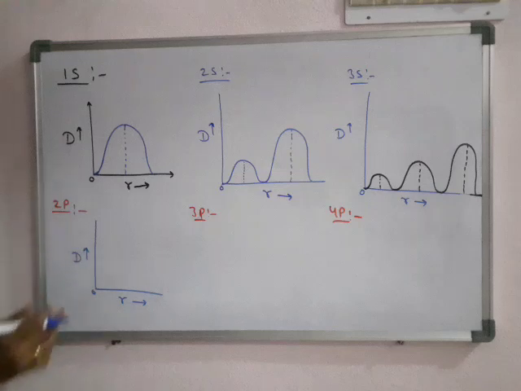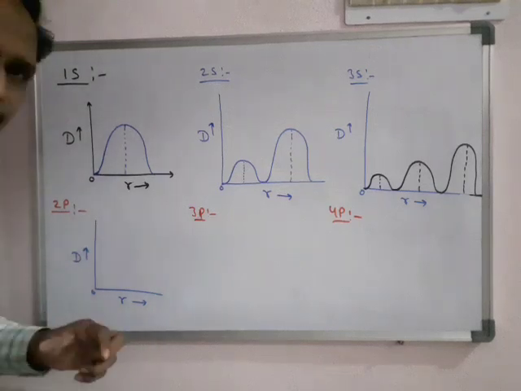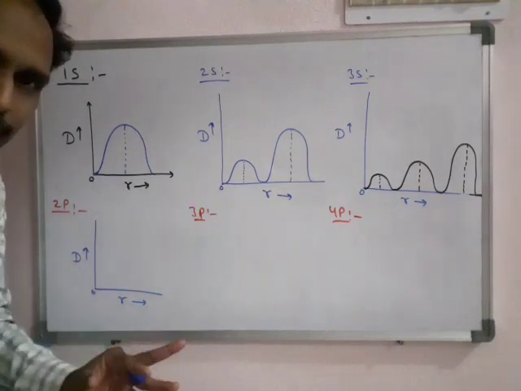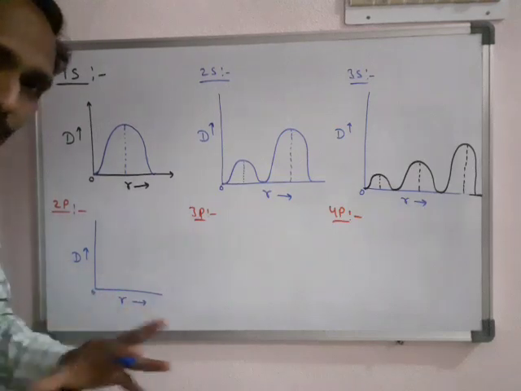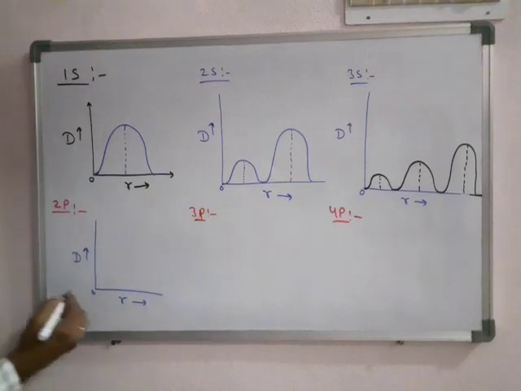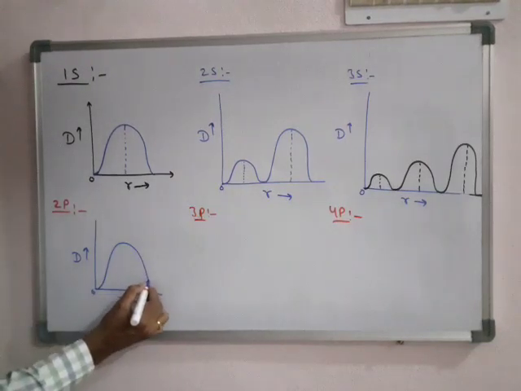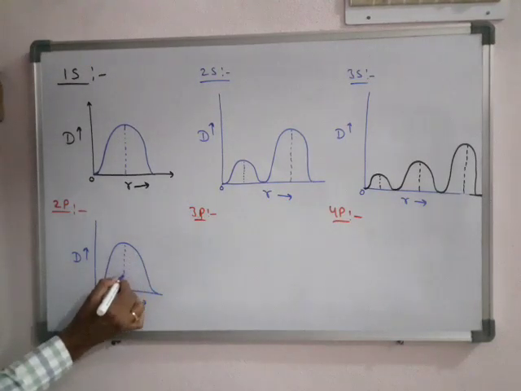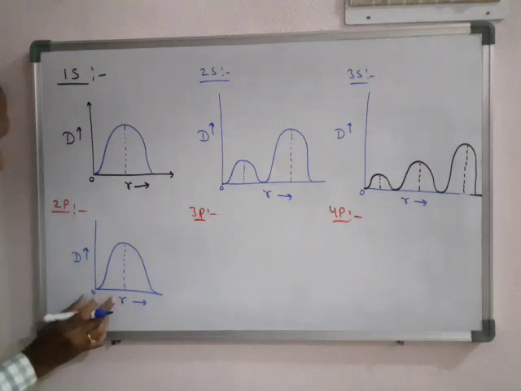So 2p, the p subshell starts from 2p only. So 1p is not a possible level. So discussion only about p, not about s and d. Okay, so this is 2p. So this is the place where the maximum probability of finding the electron is more.